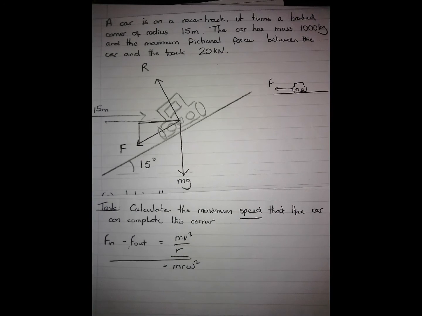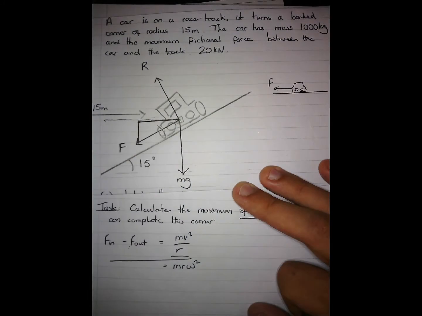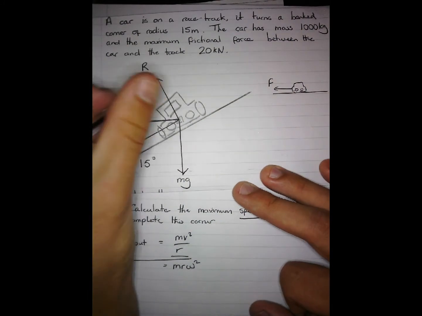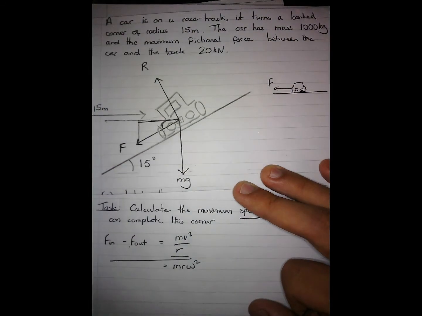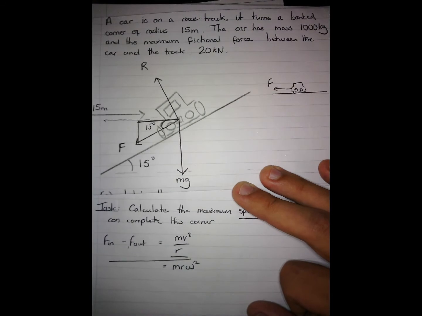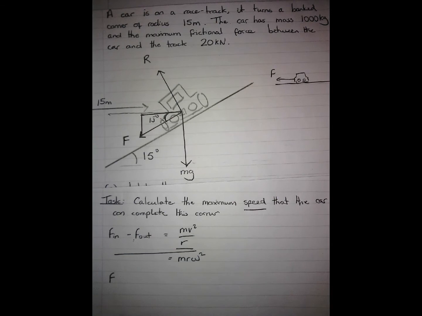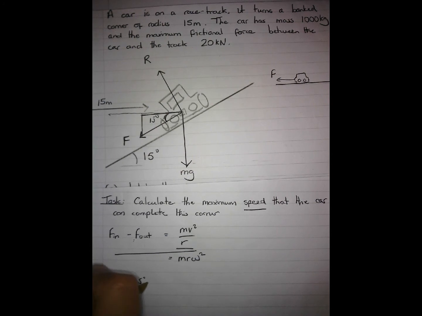Only one of those is acting towards the centre of the circle, and that's this top component here. From a little bit of GCSE geometry, we can see that this angle there, because of Z angles, is 15 degrees, the same as the angle of the slope. So to find this component here, we're going to do F, the frictional force, and we know that from the question, F cosine 15 degrees.